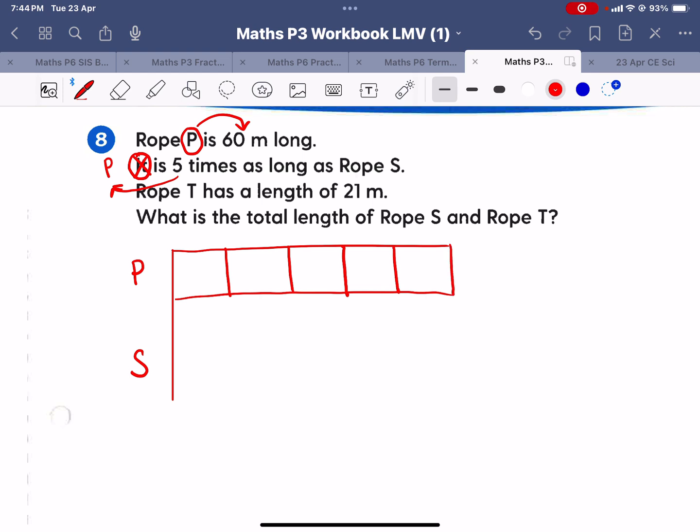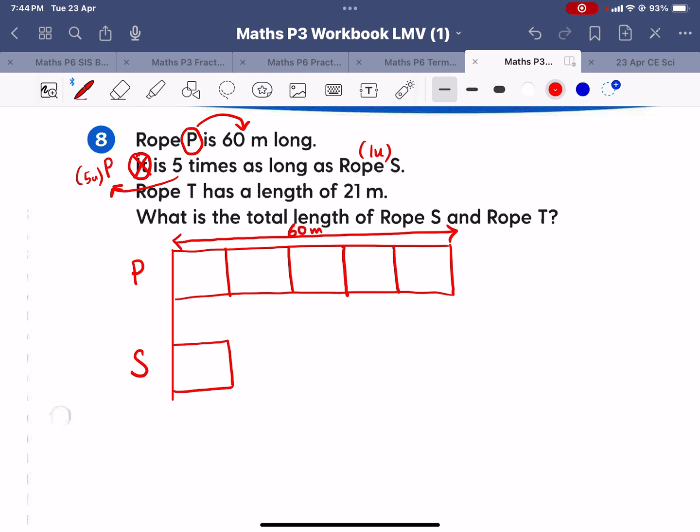And whereas for S, this is only 1 unit. All right, P is 5 units. So S is going to be just 1 unit. Okay, now we know that P is 60 meters. So let's put in these numbers here, 60.